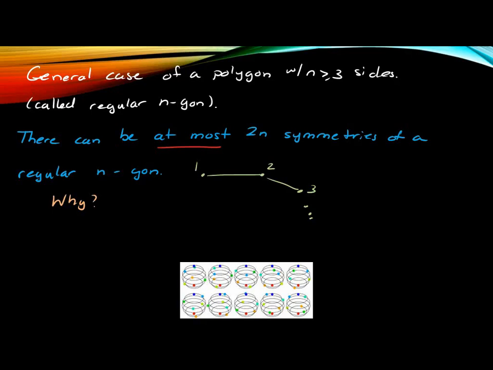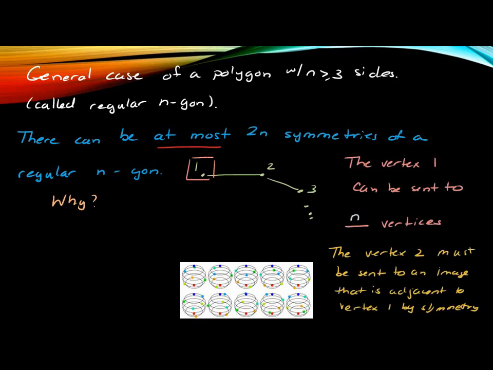Take, for example, something that looks like the start of some crazy octagon. I'm going to have these vertices that go through, and you start counting where something can get sent to. So vertex number 1, where can it be sent to? Well, it can be sent at most to n places, right? Itself and then around the rest.